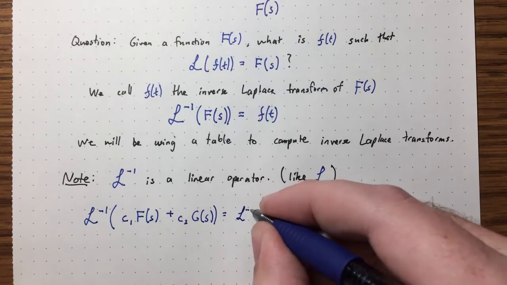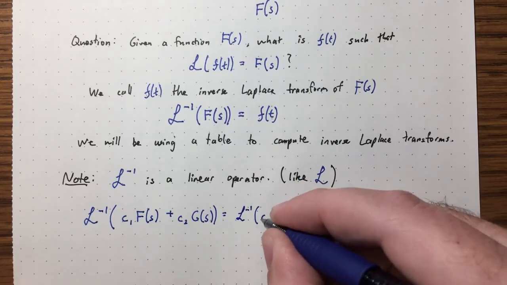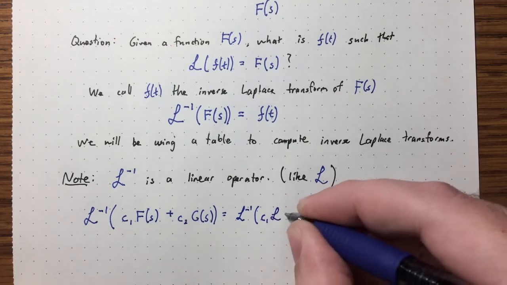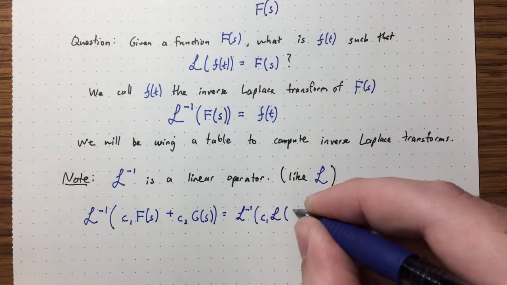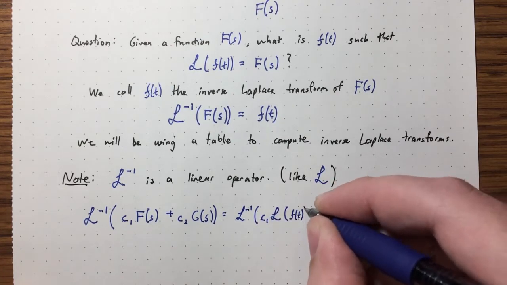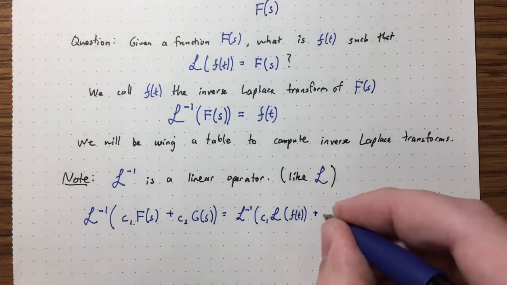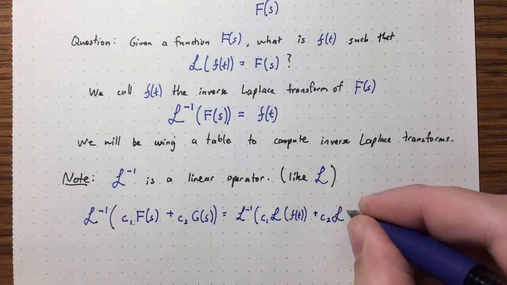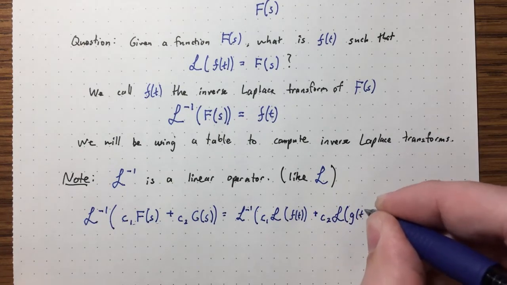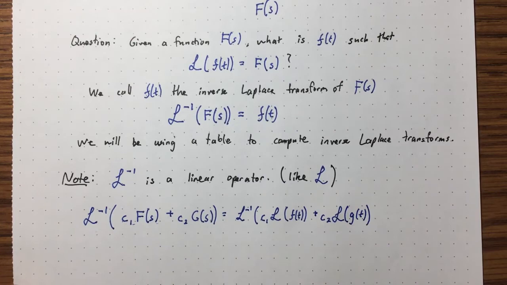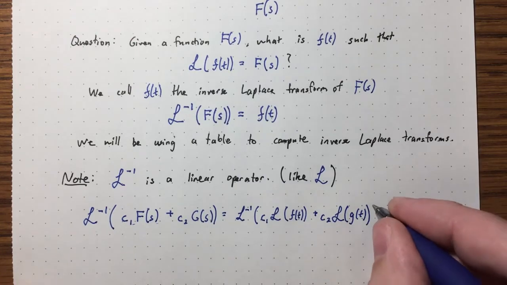So I'm actually going to write capital F of s as L of little f of t, where this little f of t is the inverse Laplace transform of capital F of s, and then plus C2 L of little g of t.